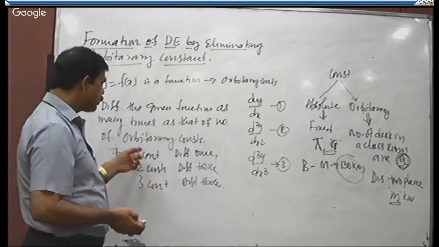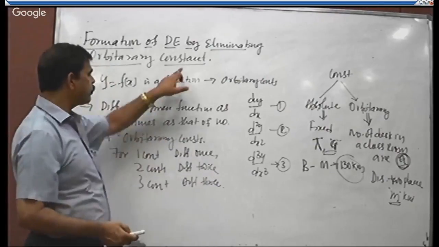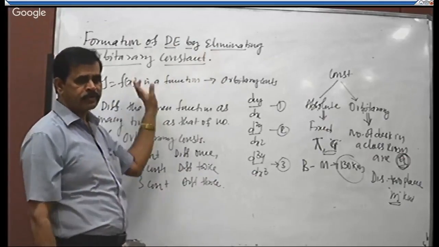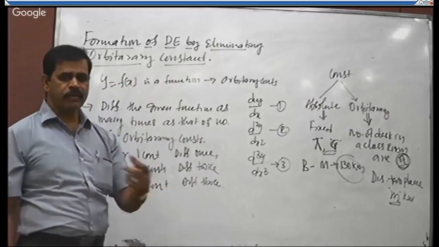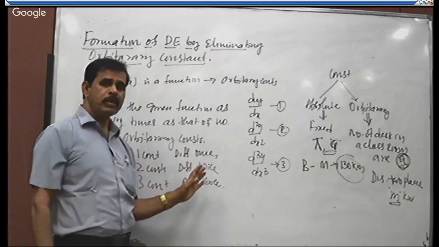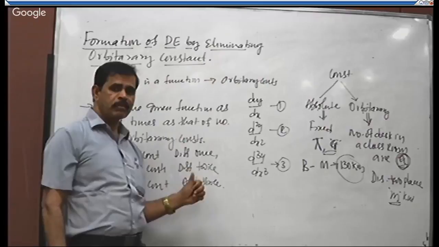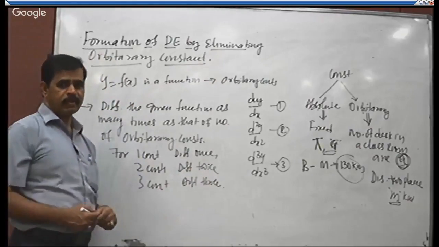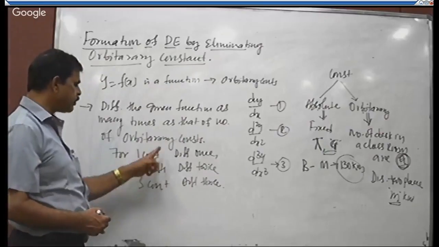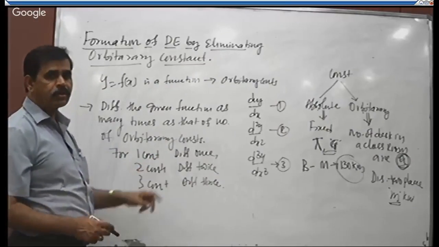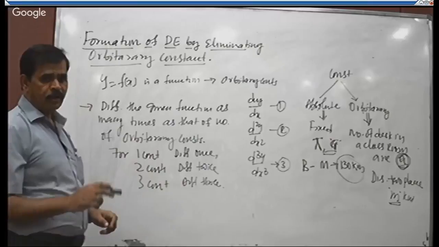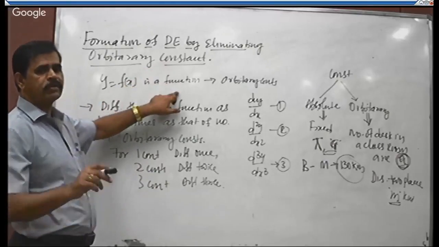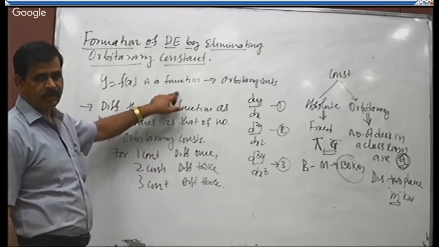After differentiation, do you think the constants will be eliminated? In some functions, after differentiation, the constant will be eliminated immediately. For some equations, the constant will not be eliminated even after differentiating as many times as the number of constants. Then what to do in this second case? If it is eliminated after differentiation, well and good, that will become the differential equation.